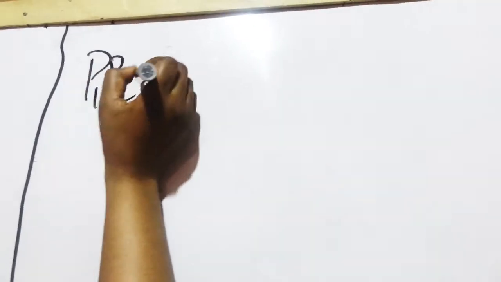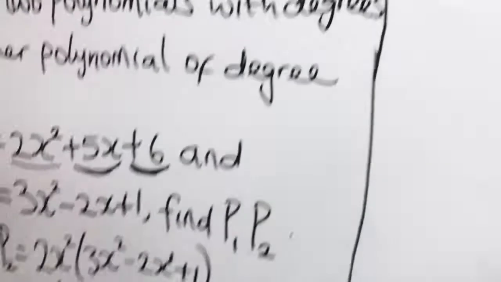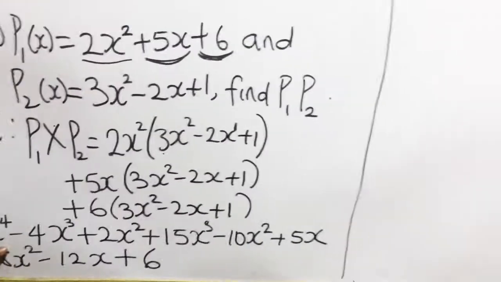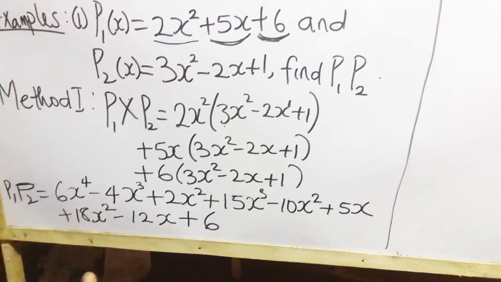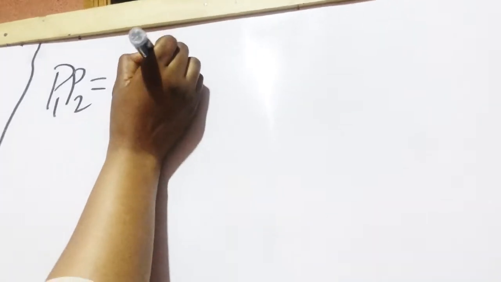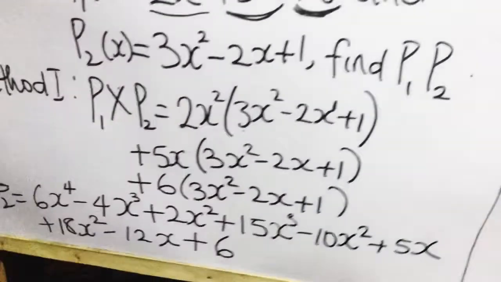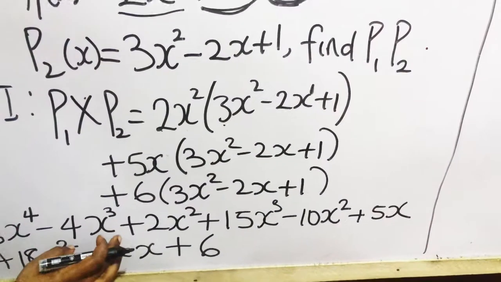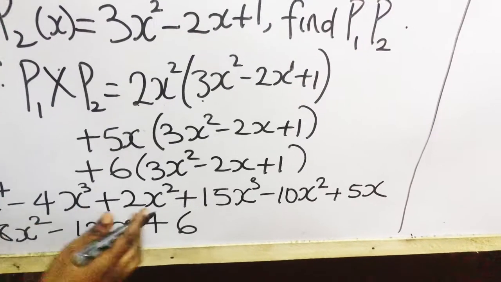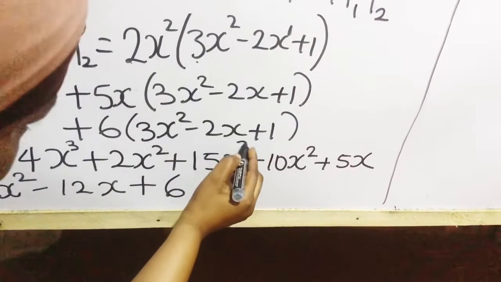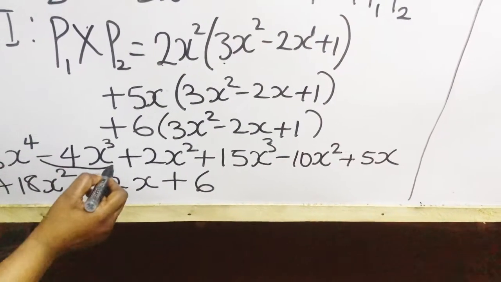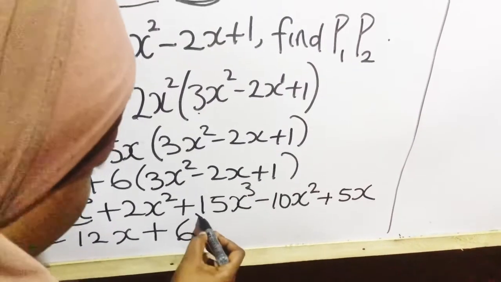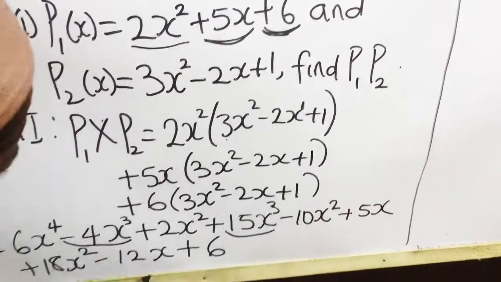P1 P2 will now be equal to 6x raised to power 4. We do not have another one again, so we are going to write that one. Then followed by the highest degree here now, x raised to power 3 after x raised to power 4. So minus 4x cubed, then we have another one, plus 15x cubed.